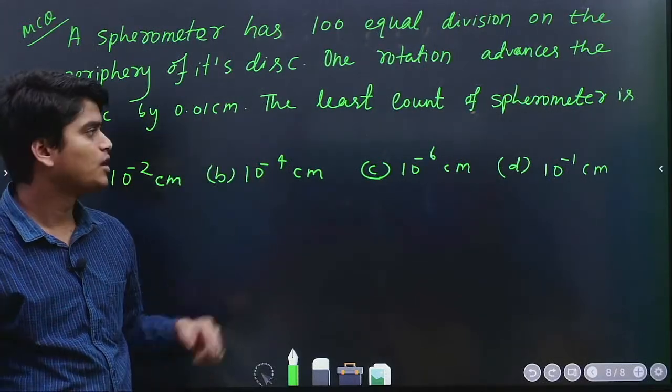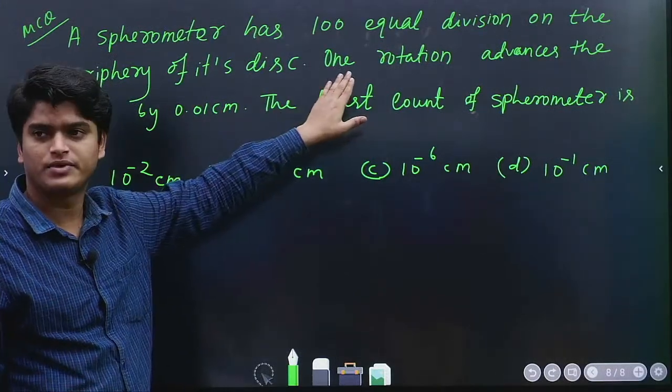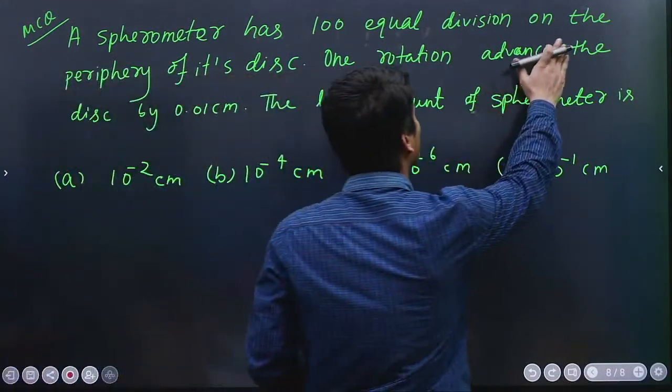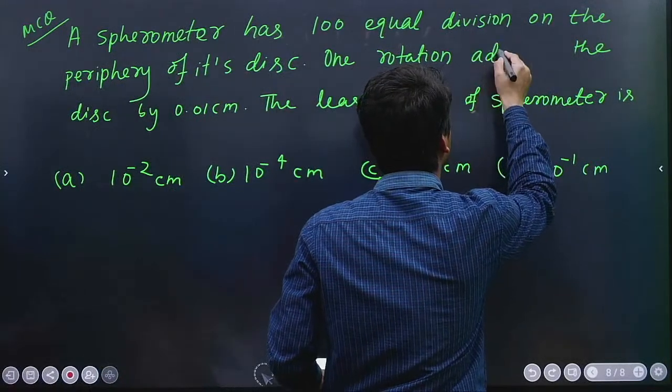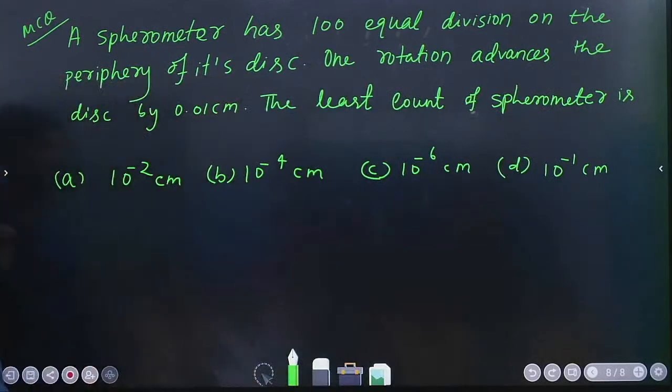But here you do 0.01 by 1. Basically, pitch is defined for one rotation, so no need to do anything here.